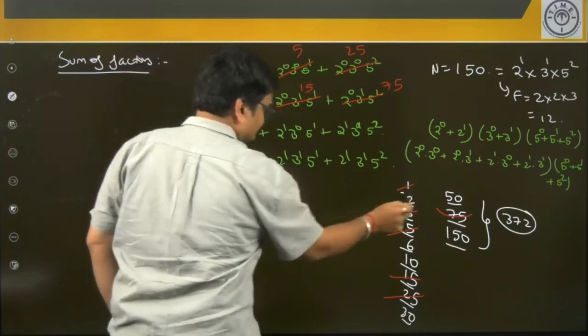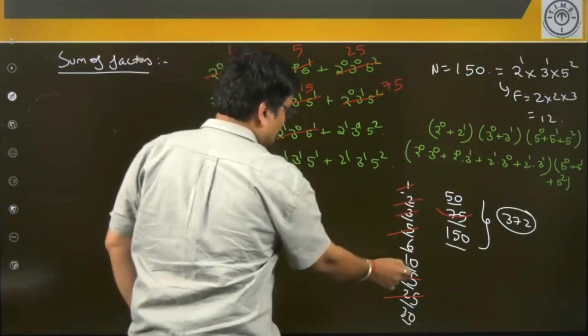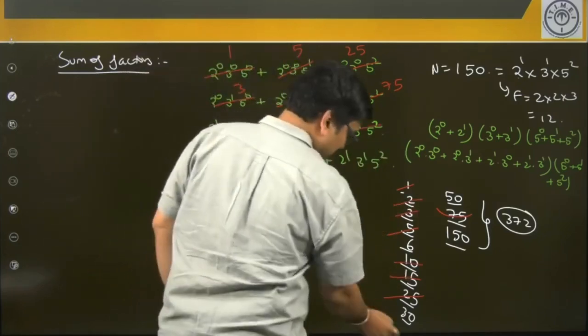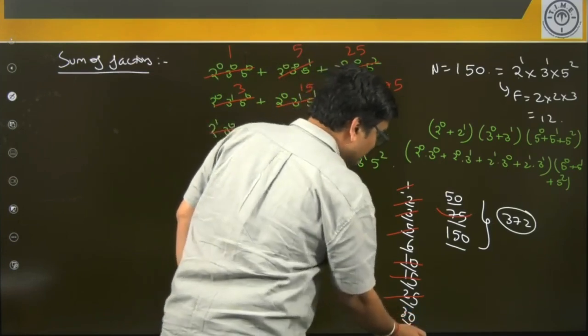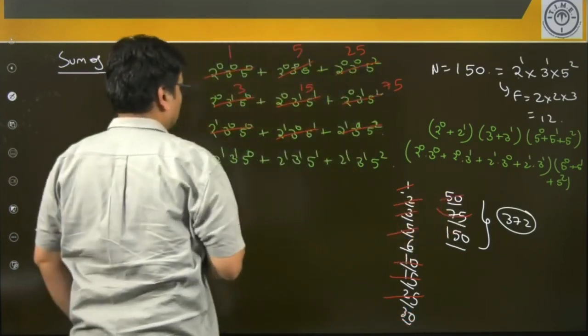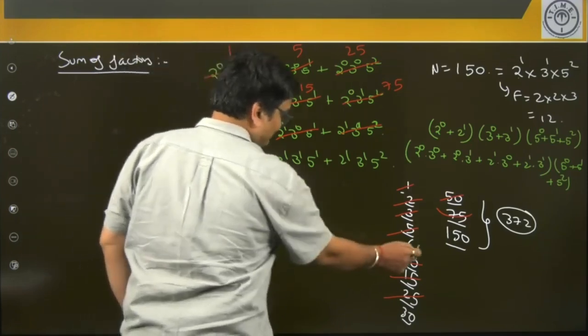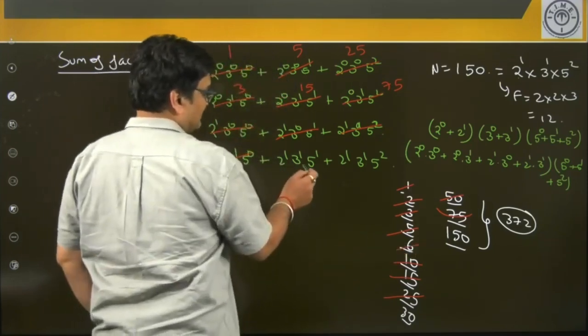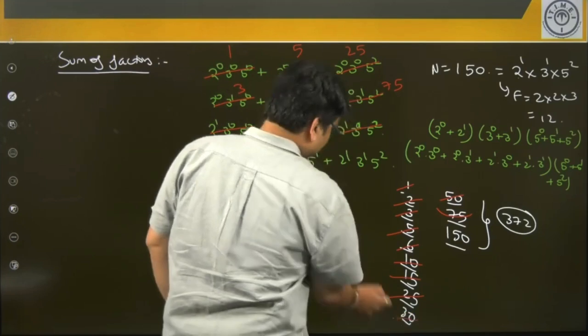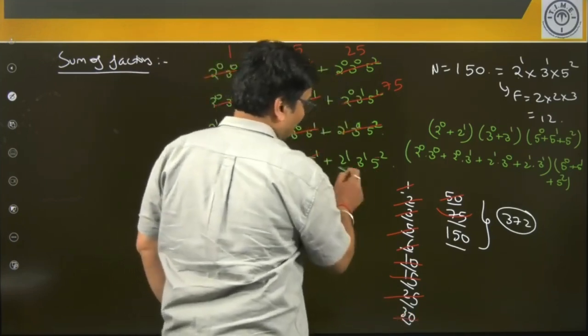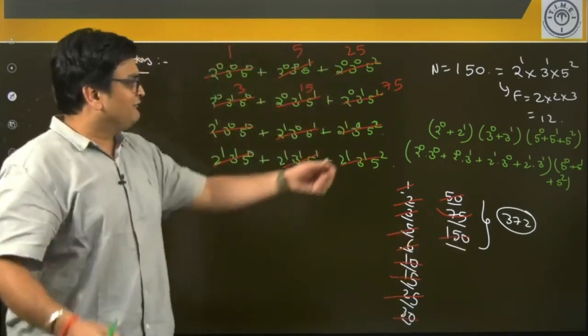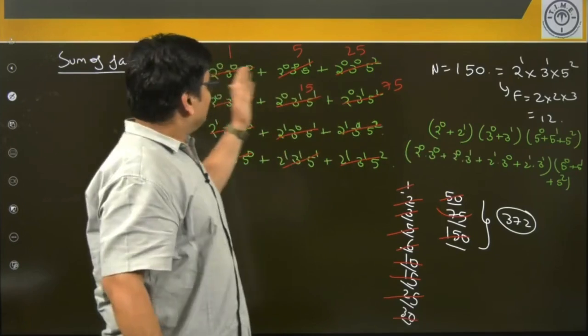This is 2. This is 10. And this is 50. What is this? This is 6. This is 30. And this is 150.